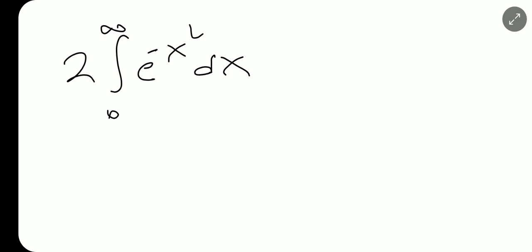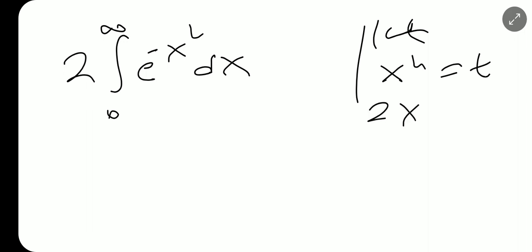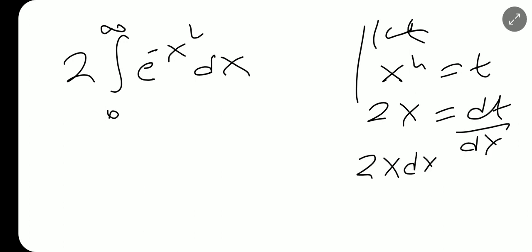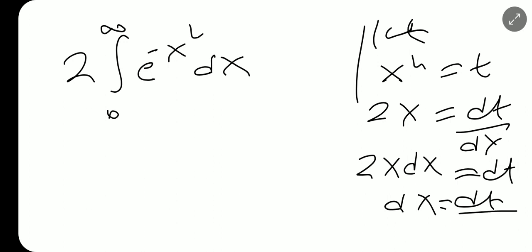So if I take x square equals t, then it will become 2x equals dt upon dx, so 2x dx equals dt, and dx will be equal to dt upon 2x, it will become root t.